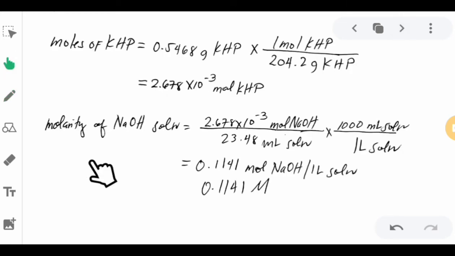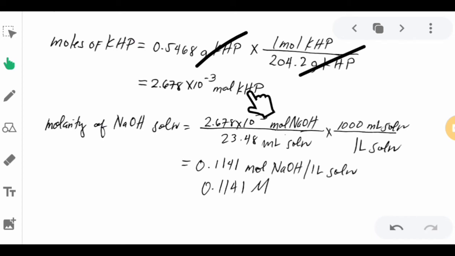To determine that, we have this solution: 0.5468 grams of potassium hydrogen phthalate multiplied by 1 mole of KHP over the molar mass of KHP, which is 204.2 grams. Then, cancel the gram unit here. Perform the operation. You will have 2.678 times 10 raised to negative 3 mole of potassium hydrogen phthalate.